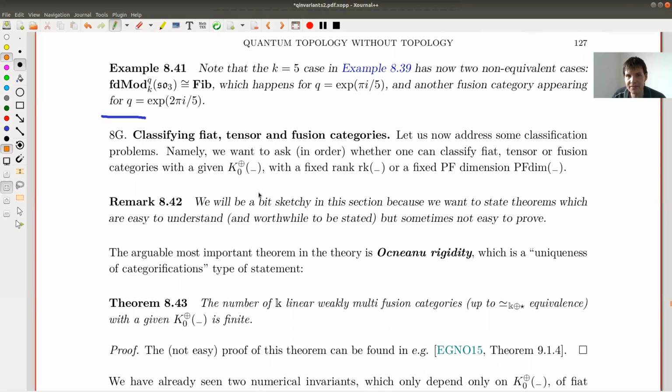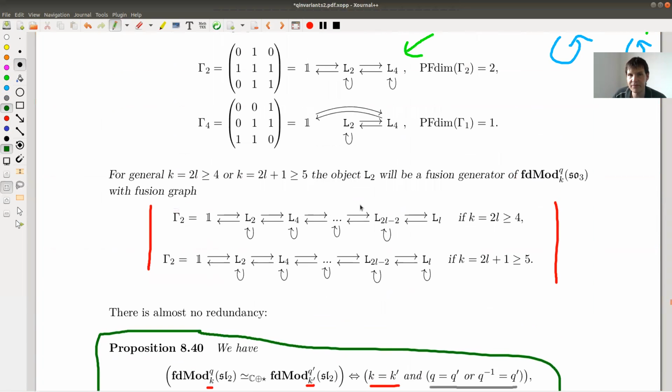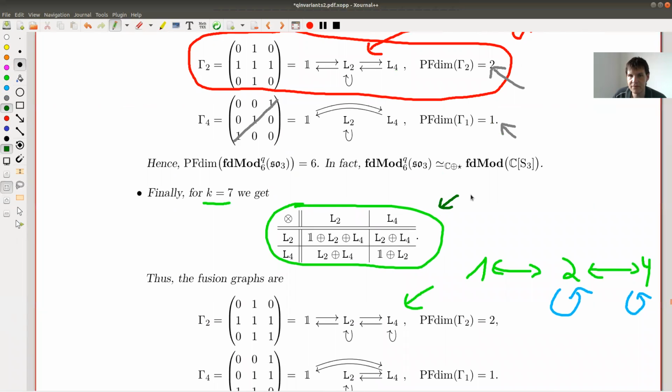You can try to classify them by certain numerical invariants. There's the following thing. You can try to classify them by fixing what the Grothendieck ring is. So basically fixing this multiplication table here. That's one way to do it.